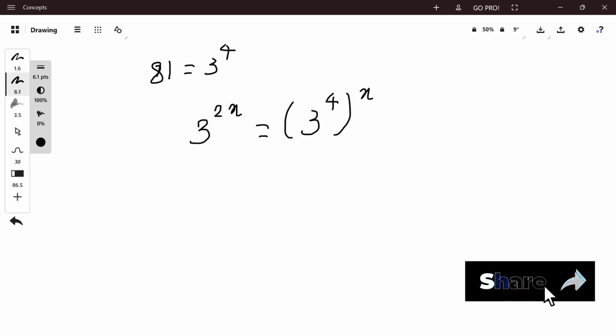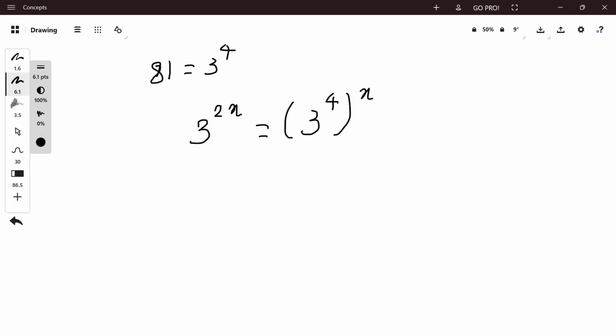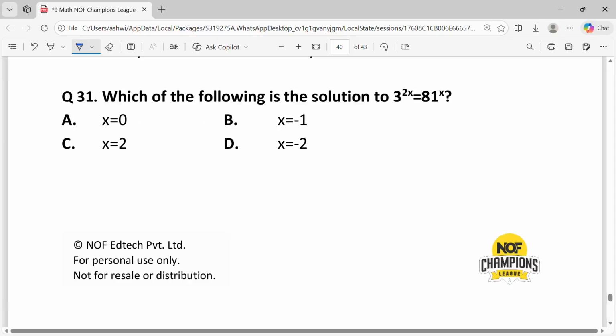Using the rule of exponents, where a to the power m to the power n is equal to a to the power mn, that is 3 to the power 2x is equal to 3 to the power 4x. Since the bases are the same, the exponents must be equal. That is 2x is equal to 4x, that is x is equal to 0. Comparing with the given options, the answer is A, 0.